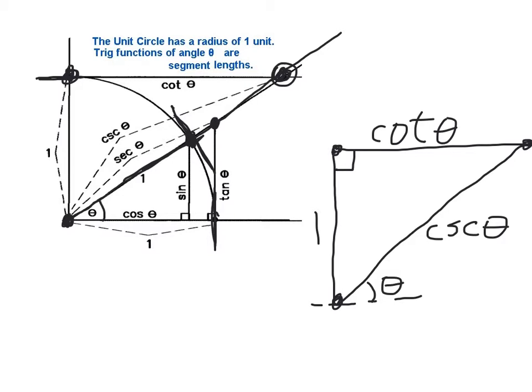We're not going to worry about that. We could spend probably a week going over all the different ways we could represent that, but we're not going to do that. I just wanted to show you geometrically, from the unit circle, where some of these values come from, how they are represented geometrically. Okay. So, any questions about that?